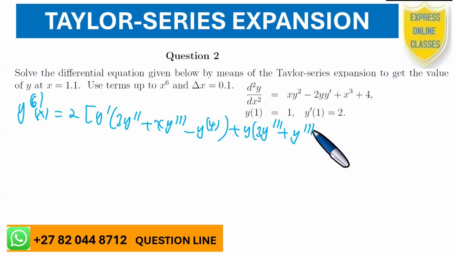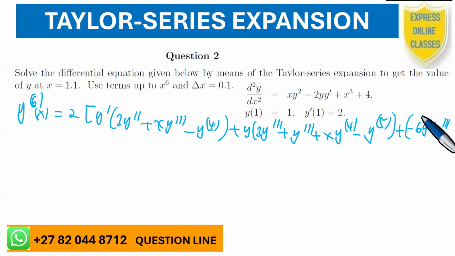I'm just writing the terms here because I know that it can take a lot of time to discuss term by term, and then it is the fifth derivative, and then you close like this. Then it is plus, but then we have minus 6y double primed and triple primed like this.